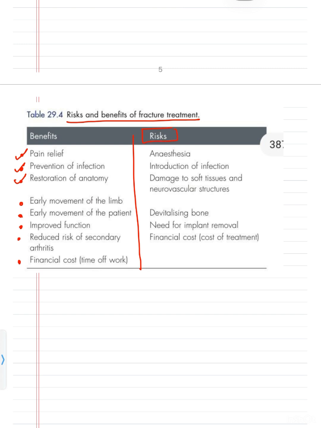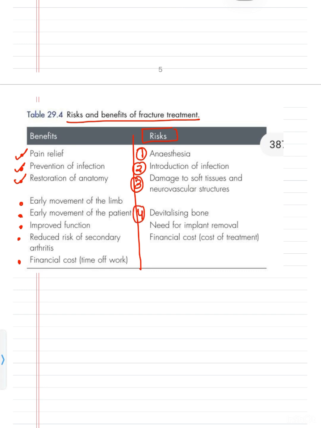Then the risks. First is because of anesthesia. The anesthesia you provide can create risks, can create problems. So that was one of the options. Then introduction of infection can occur because of the surgery. Then damage to soft tissues and neurovascular structures can occur during treatment of fracture.